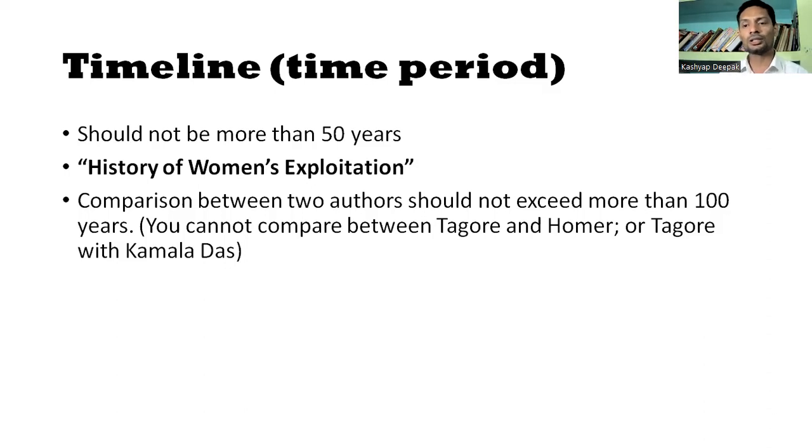If you are choosing a timeline spreading more than 50 years, then it would be very hard for you to develop your idea. So, 50 years. But if you are going to compare one writer with another, then the timeline should not be more than 100 years. Although it can go beyond, it should be not more than 100 years.